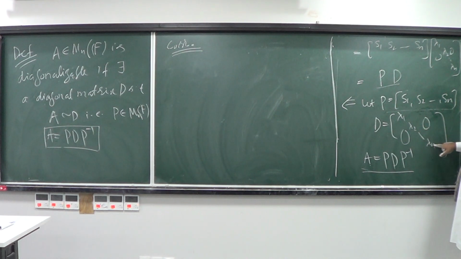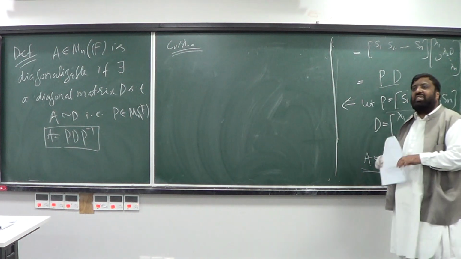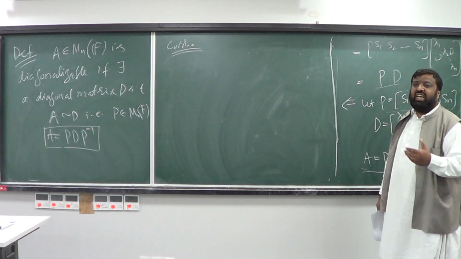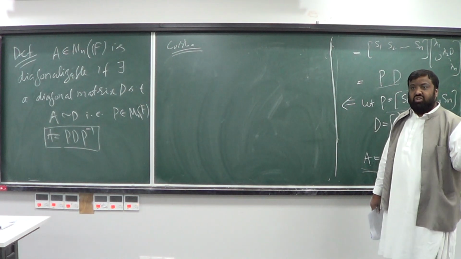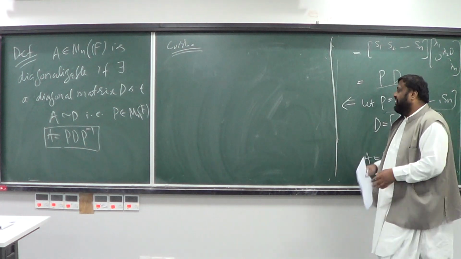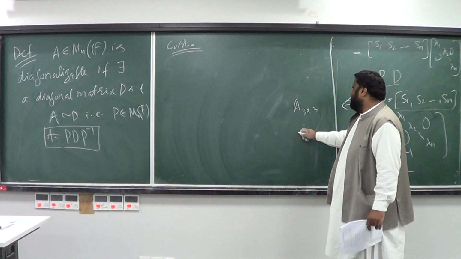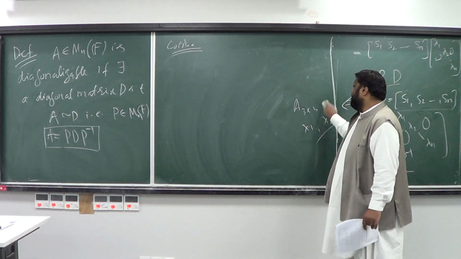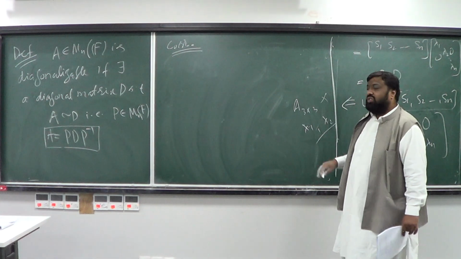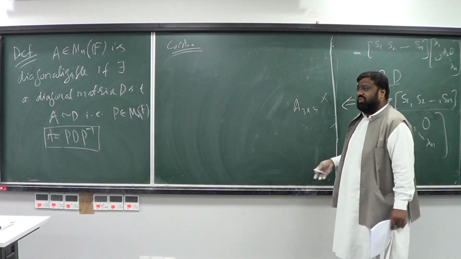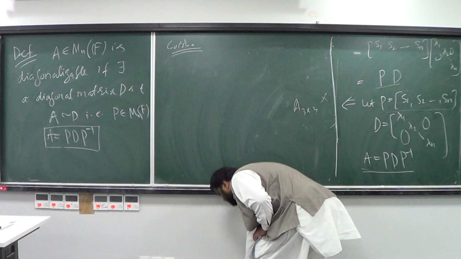So if it has n distinct eigenvalues, you can diagonalize it. And actually, you can prove a necessary and sufficient condition that you can only diagonalize an n by n matrix if it has n distinct eigenvalues. So if you have a 3 by 3 matrix with 2 eigenvalues, lambda 1 and lambda 2, you can't diagonalize it. A 3 by 3 matrix can be diagonalized only if you have 3 distinct eigenvalues for it.